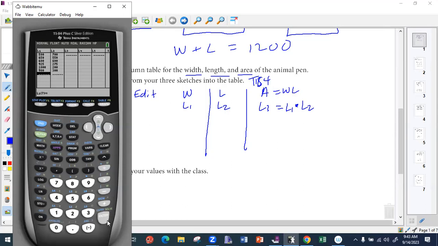I know in this class of 20-some people that these aren't all the possibilities y'all wrote down. We had an 800 by 400. There we go. What else did we have? Y'all all wrote the exact same thing down? 1100 by what? 100?